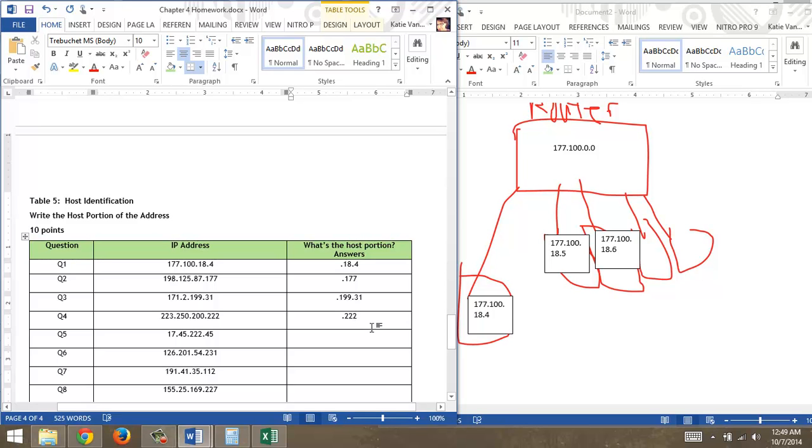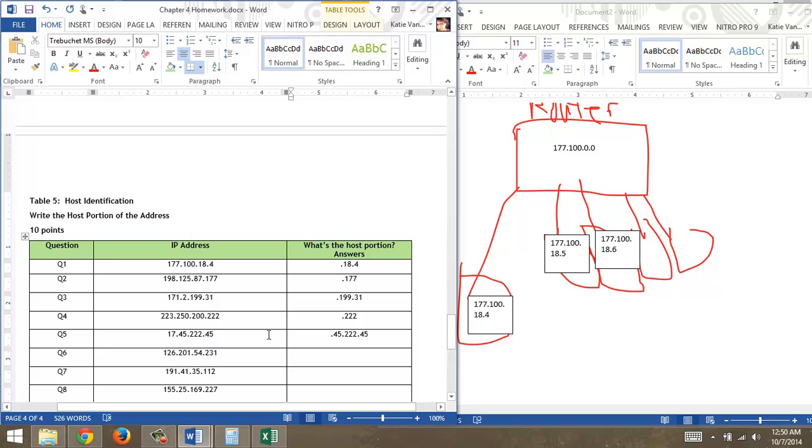So in a class A, the first one would be the network. The last three would be the host.